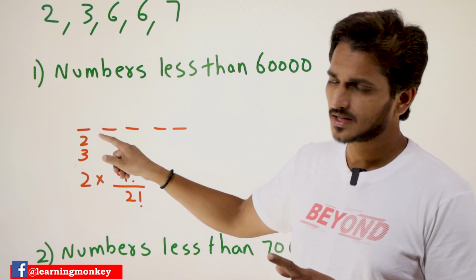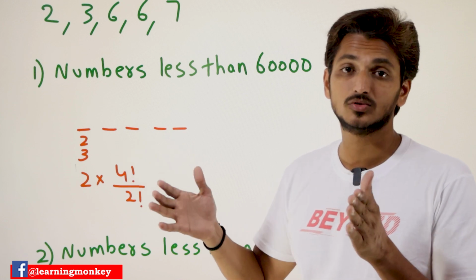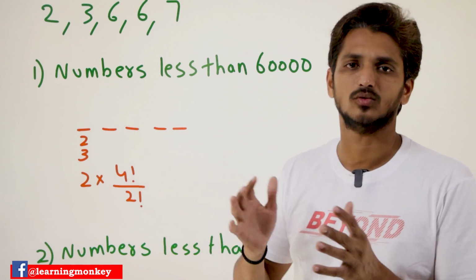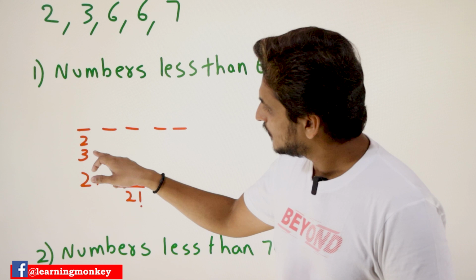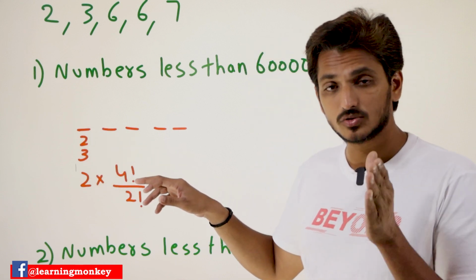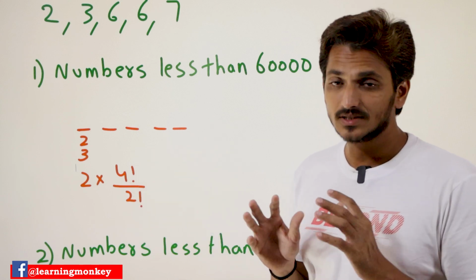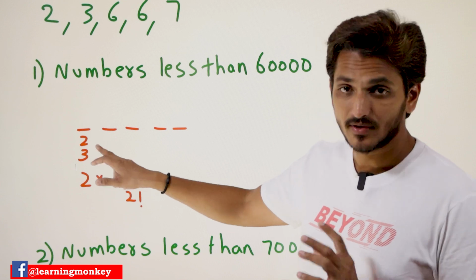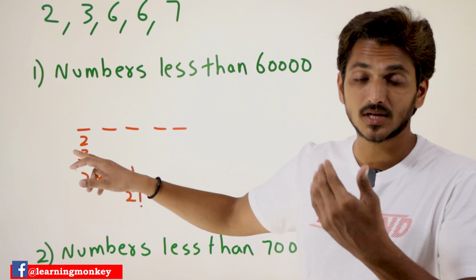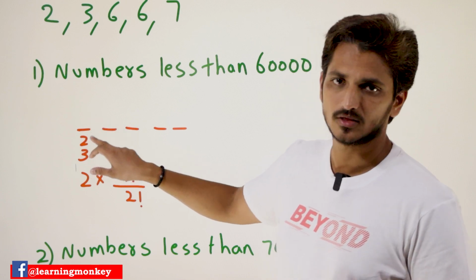If you place 2 here, whatever numbers you place in the rest, you get a number between 20,000 and 30,000. If you place 3 in the first digit, you get numbers between 30,000 and 40,000. So to get numbers less than 60,000, either you can place 2 or 3.